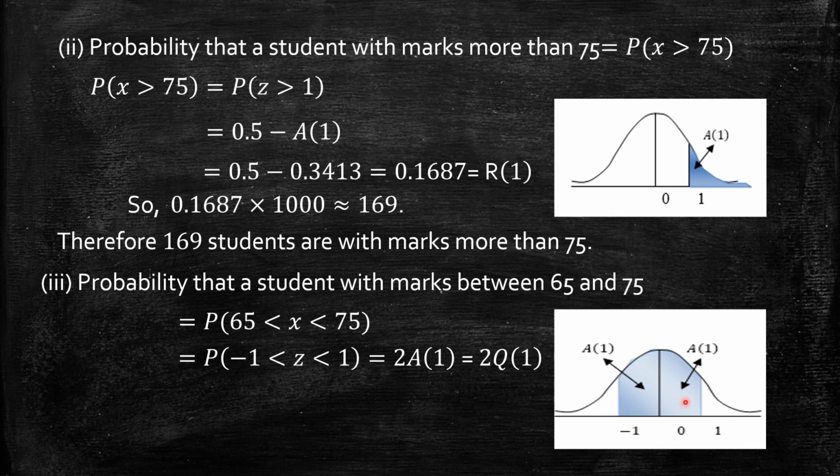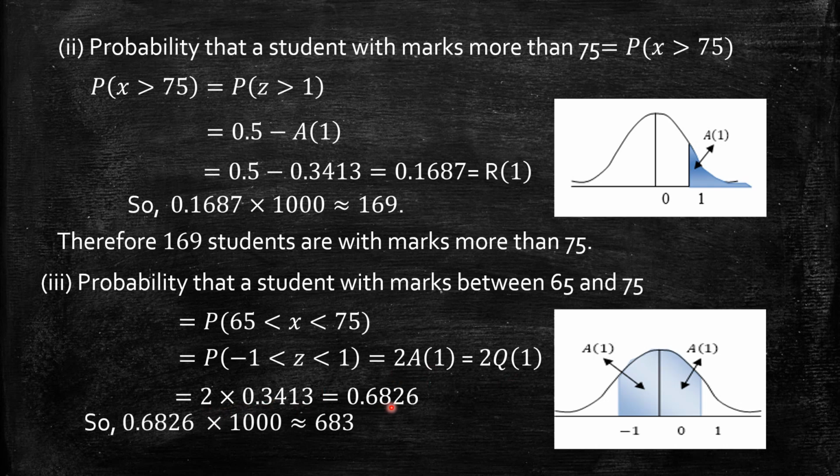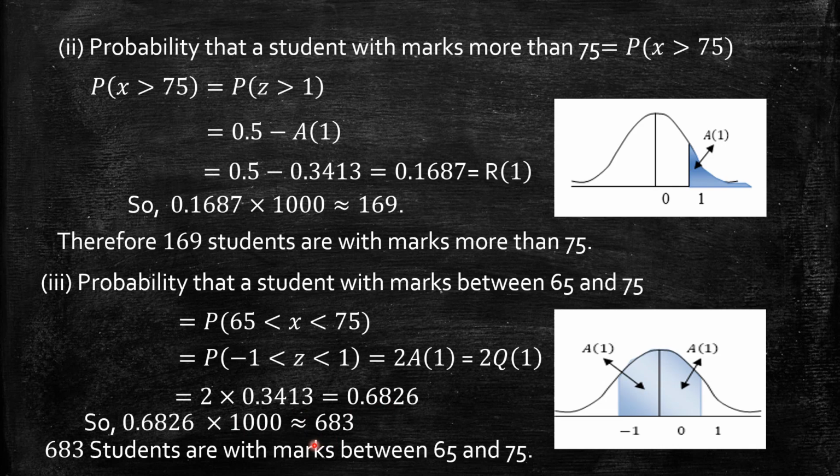So A of 1 plus A of 1, 2 times A of 1. Or by using a calculator we can say it is 2 times Q of 1, but A of 1 is already given in the problem, 0.3413. So we can directly substitute over here, that gives 0.6826 multiplied by 1000, that is 683. So therefore I can say 683 students have marks between 65 and 75.